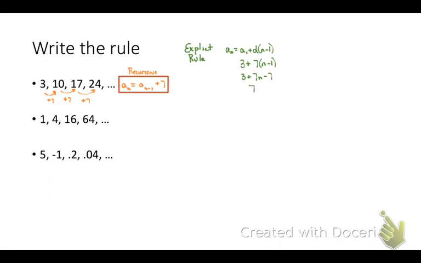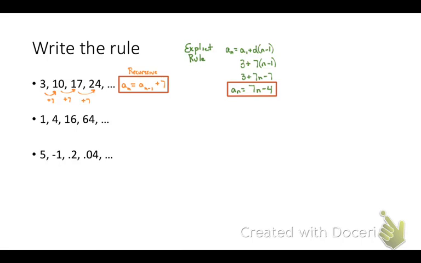So my explicit rule is a sub n equal to 7n minus 4. What does the recursive rule and the explicit rule share? The 7. So it shares the 7.